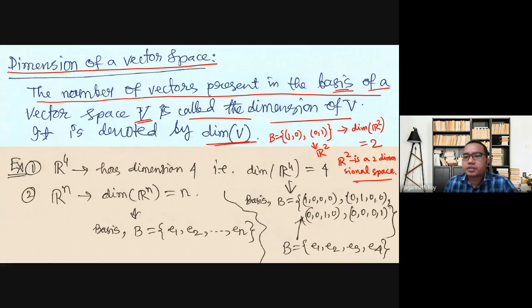That is the meaning of it, that this space is actually generated by two linearly independent vectors. Since 1, 0 and 0, 1 are easy to visualize, we have been using the standard basis in most cases. But today we have seen that a vector space can have more than one basis.